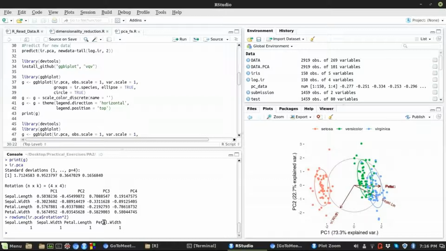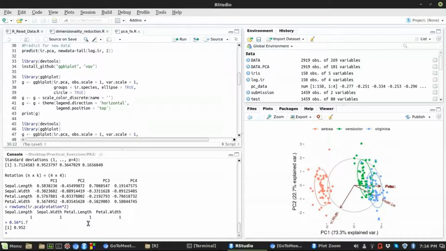So this is multiplied by PC1 and the variance of that. That's what I think is plotted here. We'll just check. Yeah, it's 0.57 and 1.7, getting 0.97. 0.56 multiplied by 1.7, yeah, it's around 0.9.